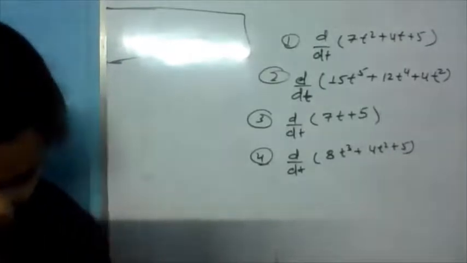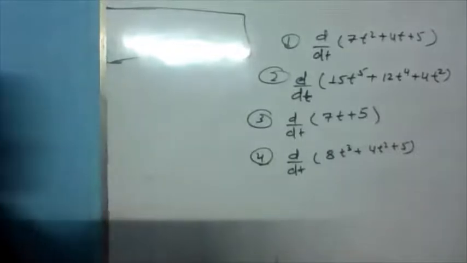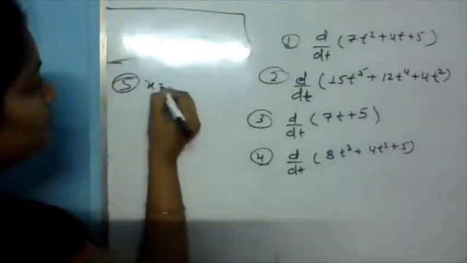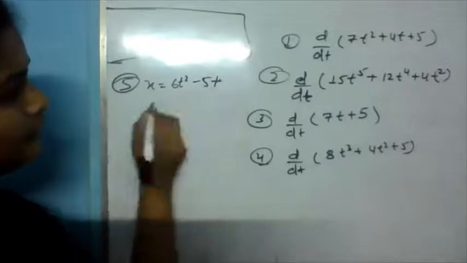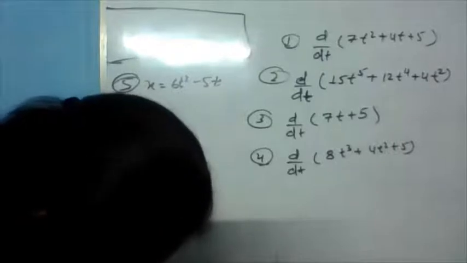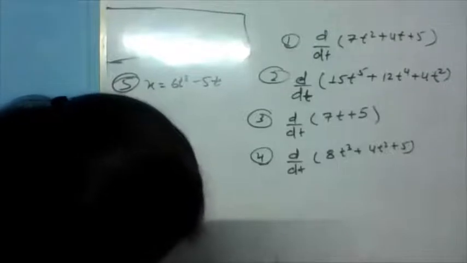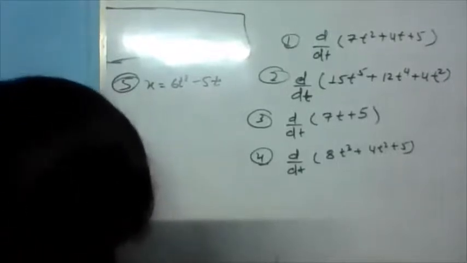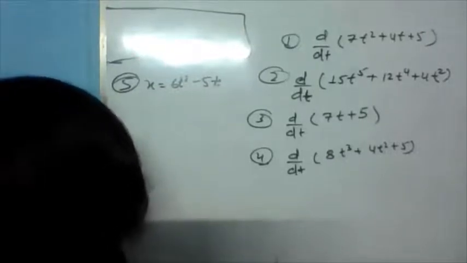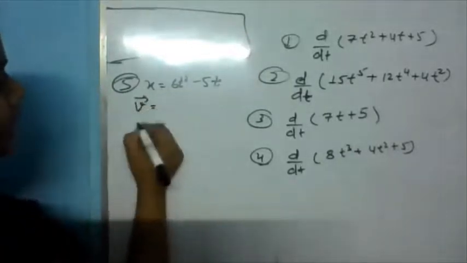Okay. Now I am giving you a numerical from your book. Here is a position vector x equals to 6t square minus 5t. This position vector is given and you have to find out the initial velocity of the particle, according to the time relation. Okay, so find out velocity and acceleration both.